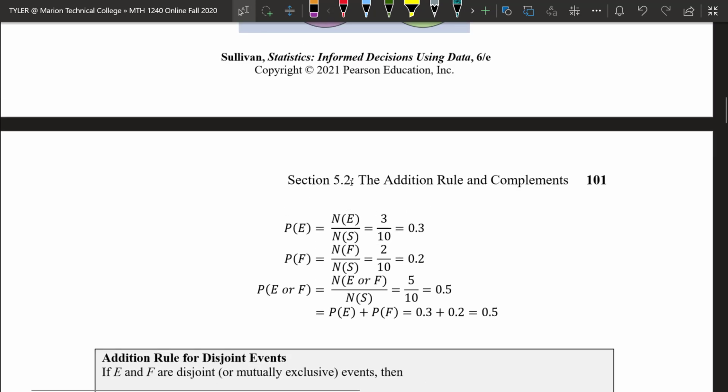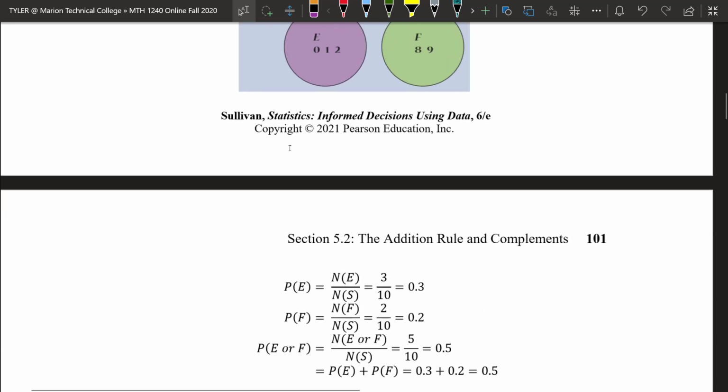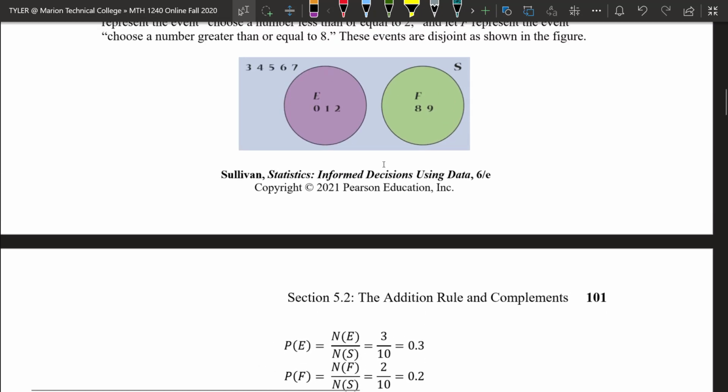Here we're just calculating the probability of event E and the probability of event F. The probability of E equals the number of items in event E divided by the number of things in the sample space. If we look at E, there are three numbers in here: 0, 1, and 2.